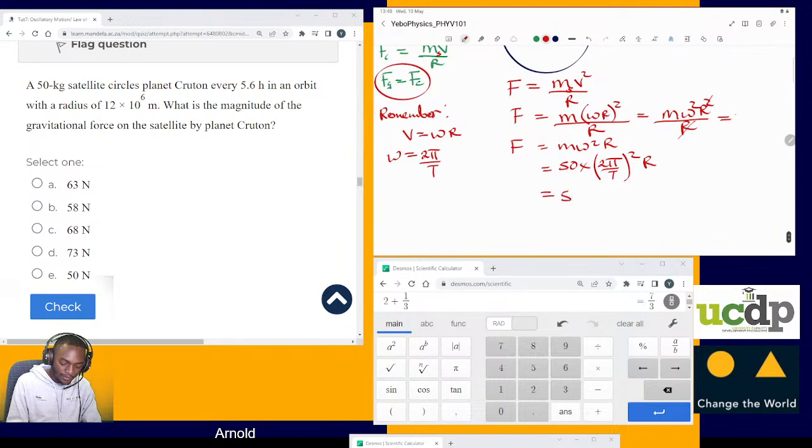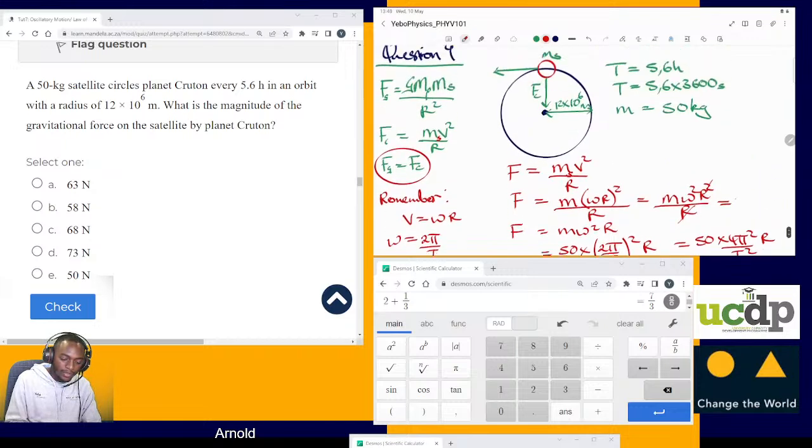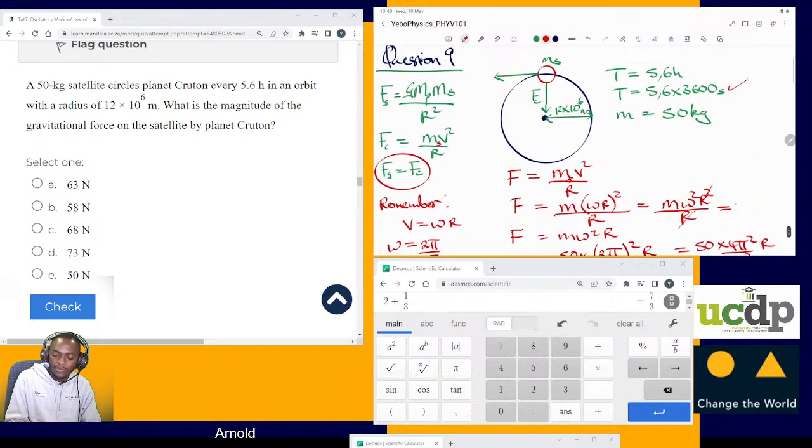So this would be 50 times 4 pi squared R over the period squared, which is 5.6 times 3,600, all squared. Don't forget to square, because this expression is just equal to 50 times 4 pi squared R over T squared. And this is our T. We just have to square it.